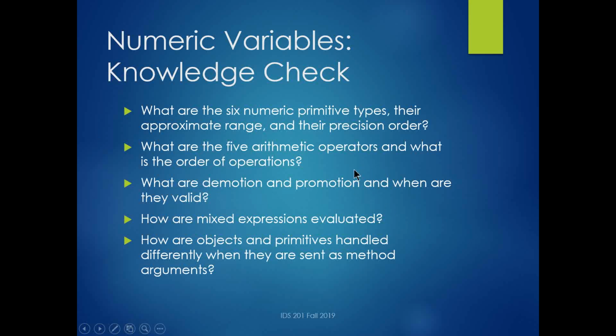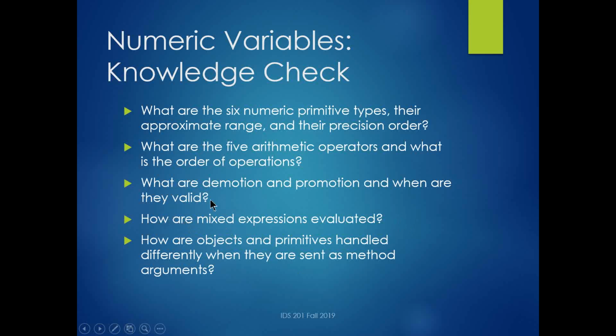So short version there, promotion is always valid. Demotion, you have to be explicit and say, I want to demote this by typecasting. If you just try to do it by saying something like int x equals 6.3, that's going to be an illegal demotion. You can't do it implicitly. You have to specifically say int x equals typecast to int 6.3.